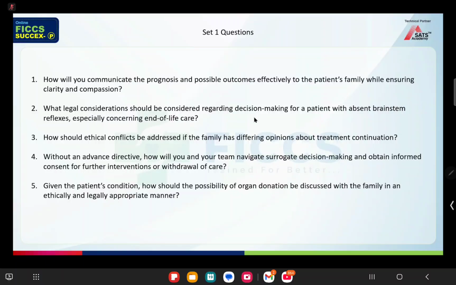And based on the discussion and consensus achieved within the family, you have to progress. Withdrawal of life support, again, based on which state you are in and whether it is allowed legally, that needs to be kept in mind.